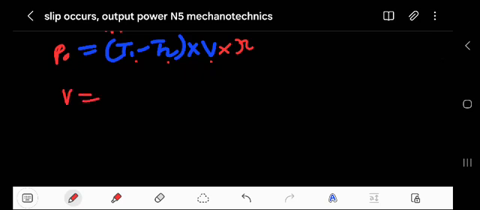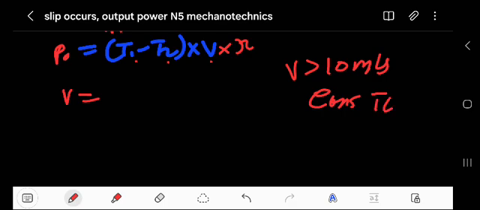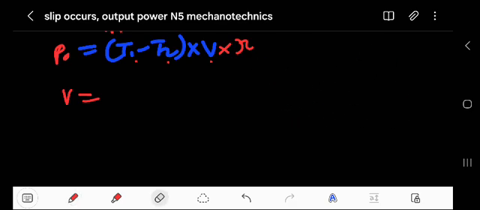Why? Because the speed will determine whether we'll use centrifugal tension (TC) or not. Start by velocity, do not make a mistake about that. Remember, if the velocity we find is greater than 10 meters per second, we're considering TC. So start by determining the velocity.